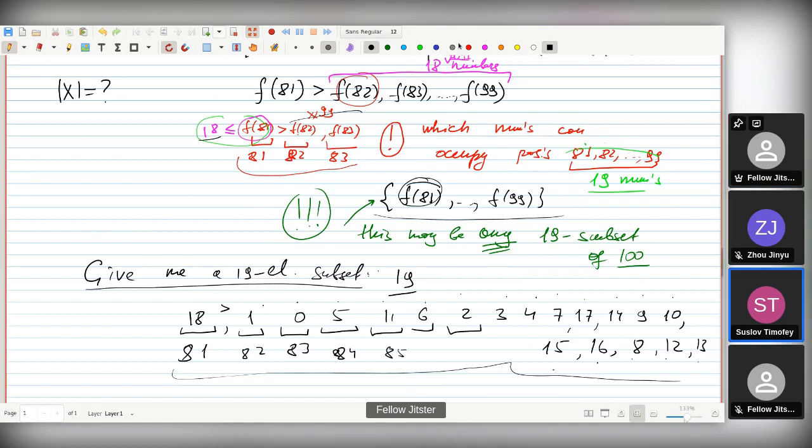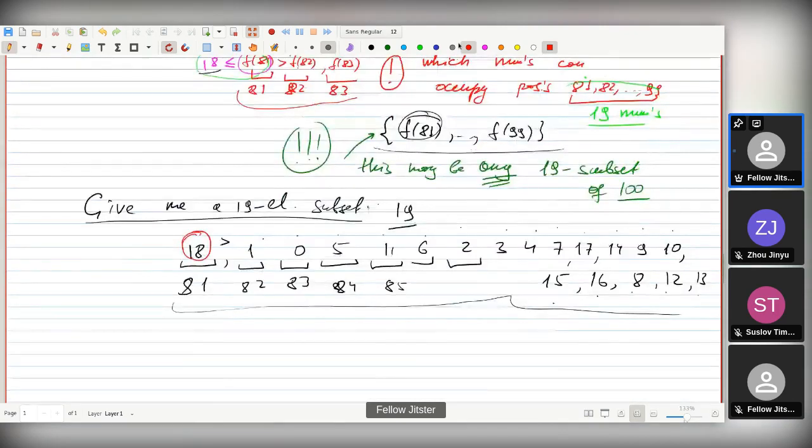Yeah. So it is possible for whatever subset of 19 elements, because the only thing you should do is to place the greatest number among this given to position 81. Is this idea clear?